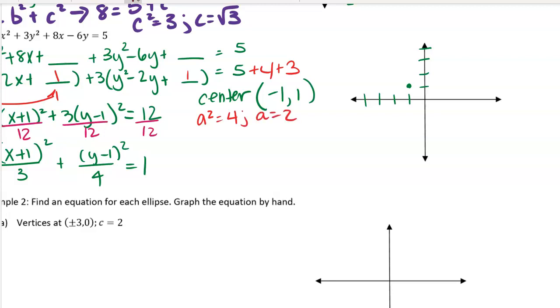By the way, how is this positioned? I meant horizontally or vertically. Yeah, so can I go up 2, down 2? Up 2, down 2. All right. So b squared is going to be 3. So b is going to be square root of 3?